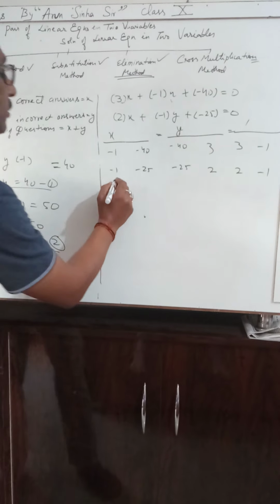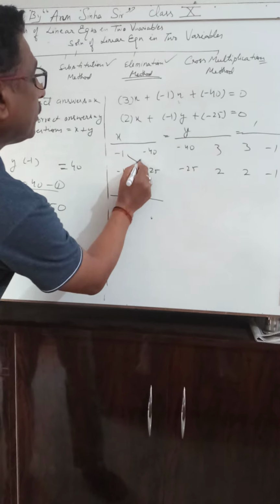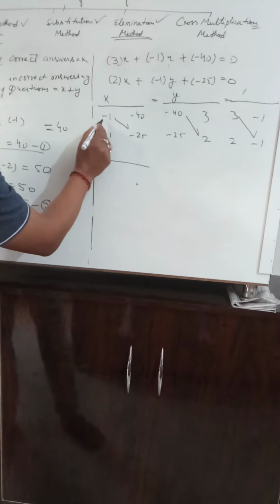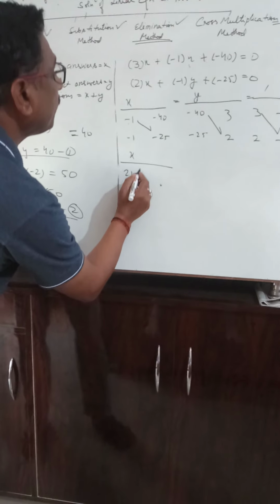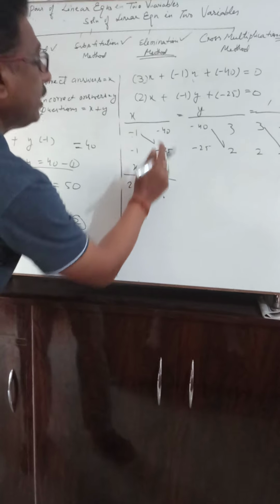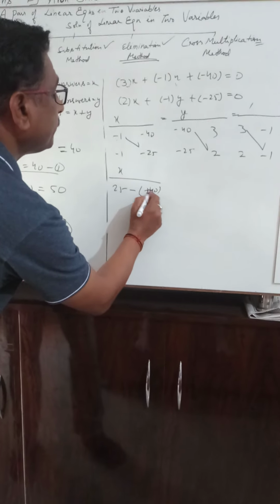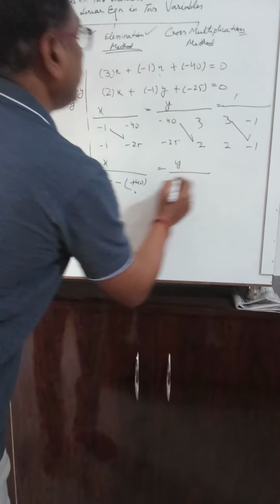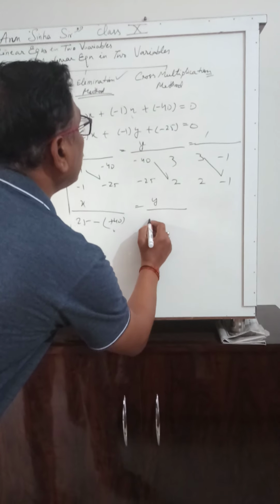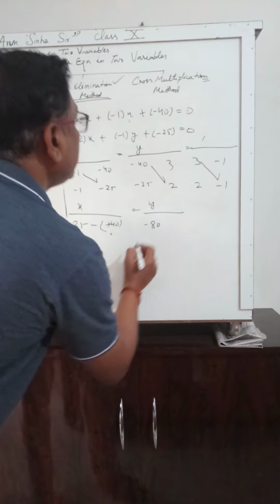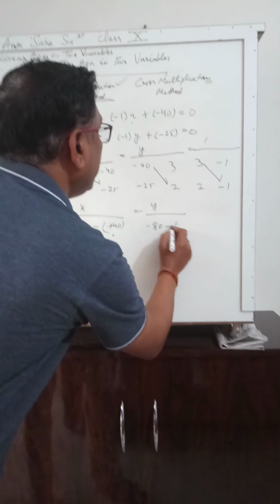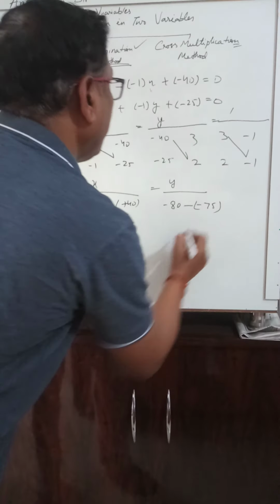Now again just use the same method, multiply, multiply, multiply. Multiply minus 1 into minus 25, that is 25. Then minus in bracket, minus into minus, plus, plus 40. You will get y, children, minus 40 into 2, so you get minus 80, and this side you will get minus in bracket minus 75.